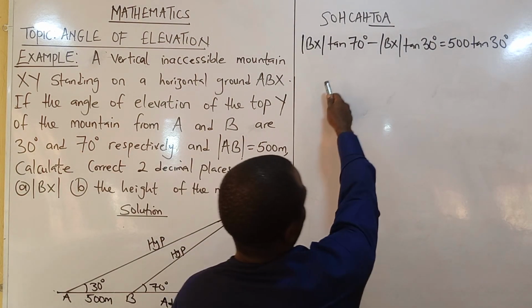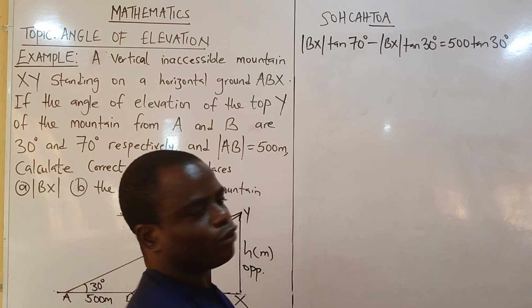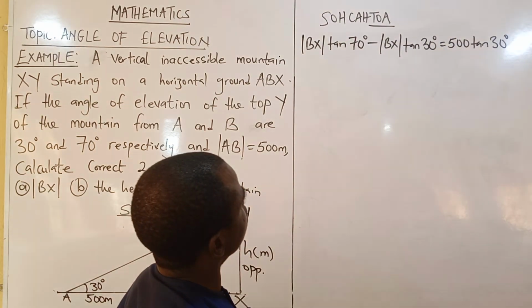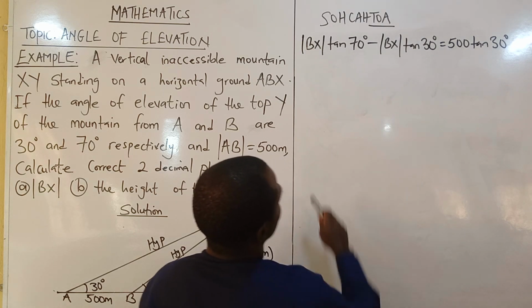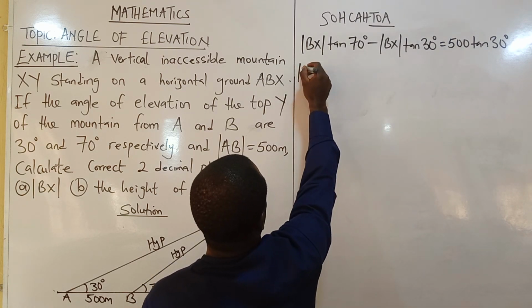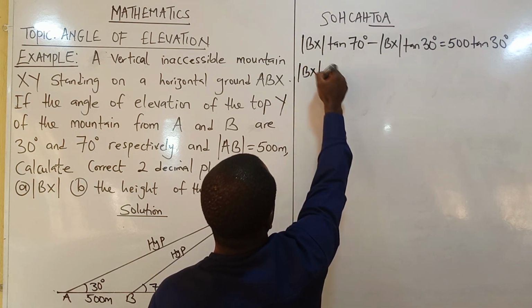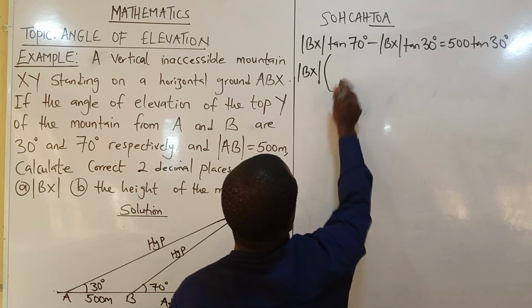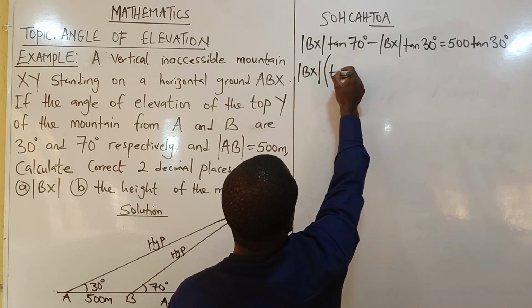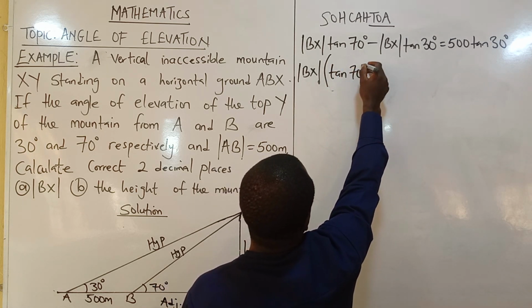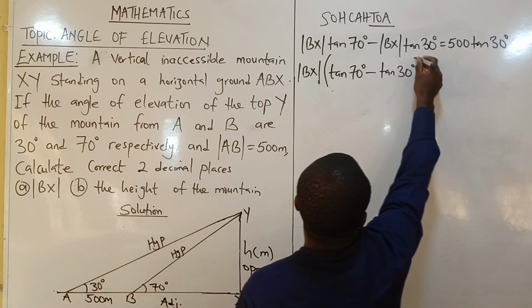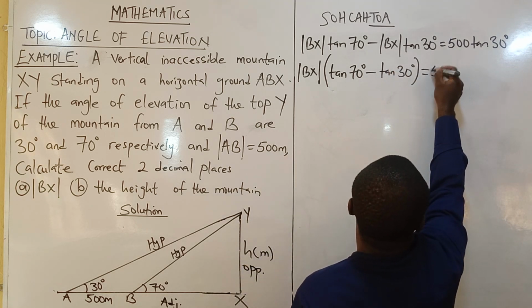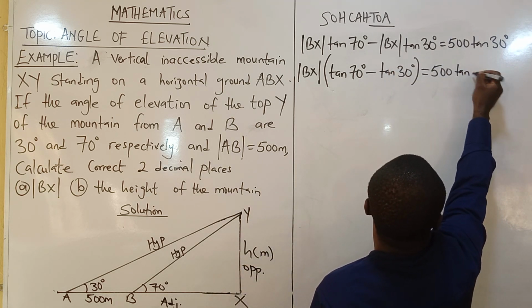Since we have an expression like this, we factorize out what is common. You can see that BX and BX is common. We now have line BX open bracket tan 70 degrees minus tan 30 degrees equals 500 tan 30 degrees.